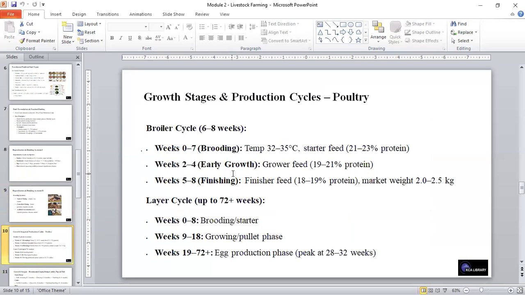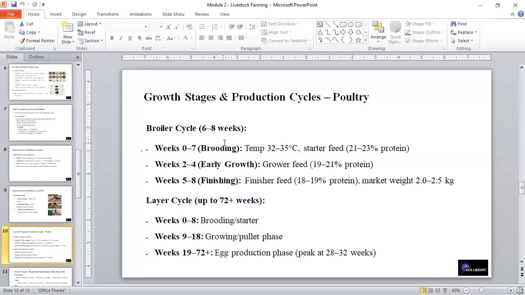Growth stage and production cycles. For poultry, the growth stage, we have 0 to 7 days actually.